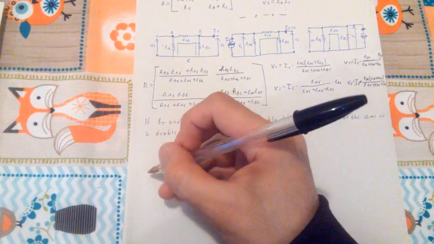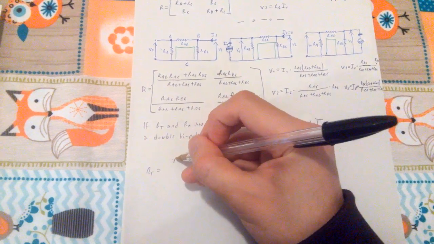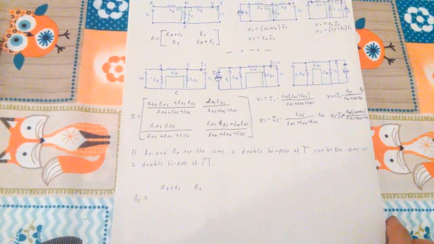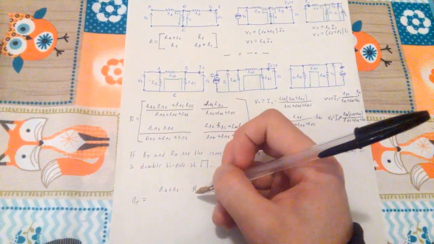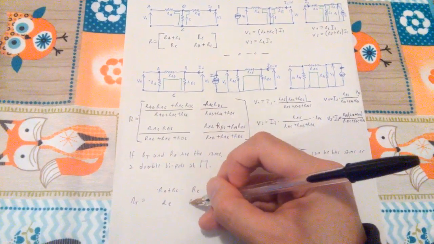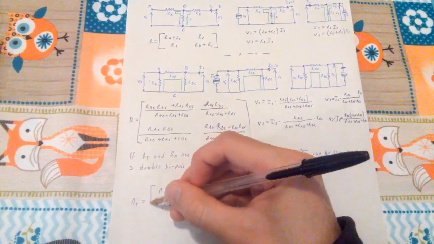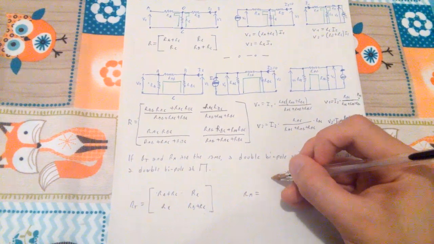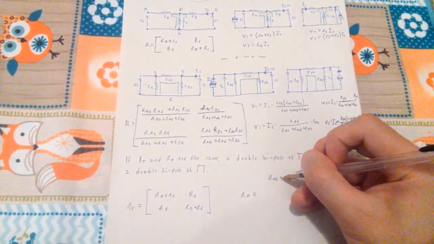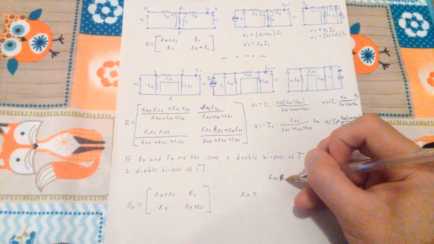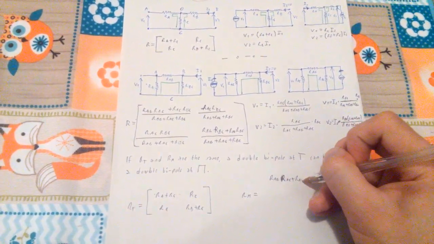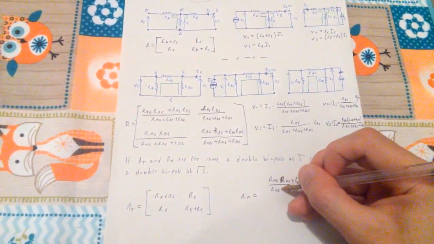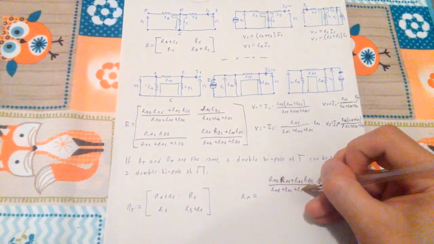which basically means that RT, which is RA plus RC, RC, and RB plus RC, is the same as RM, which is RAB, RAC plus RAC, RBC over RAB plus RAC plus RBC.